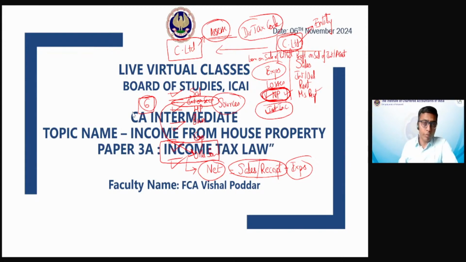So in the eyes of lawmakers, they wanted to make different computation provisions, in some cases different tax rate provisions, in some cases different benefits like deductions, rebates, different sets of provisions. So they wanted different types of provisions for different sources of income.